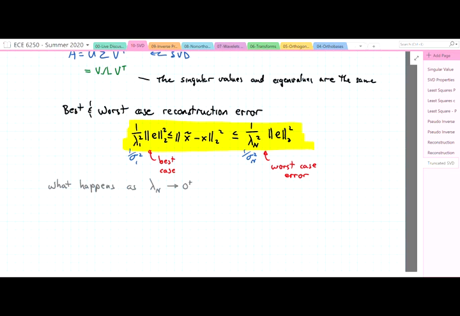So as it actually hit 0, what would happen is that error blows up. When lambda n equals 0, we can no longer use an inverse. I must use the pseudo-inverse of A.